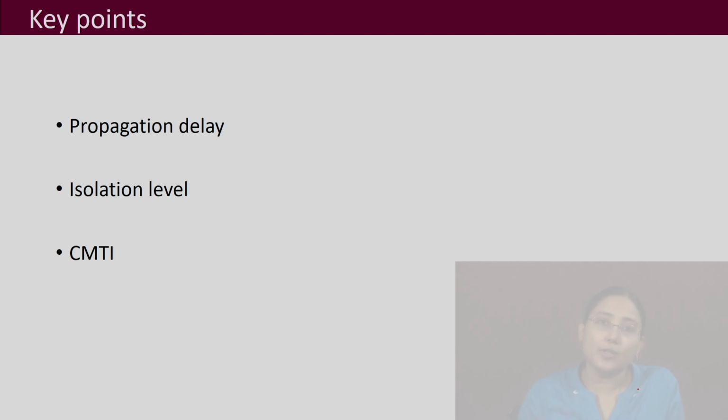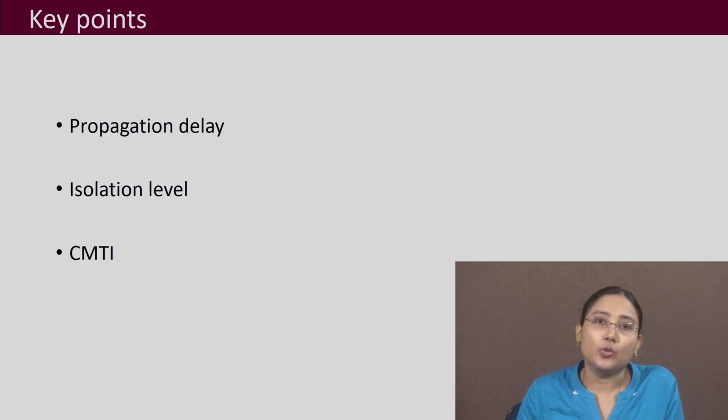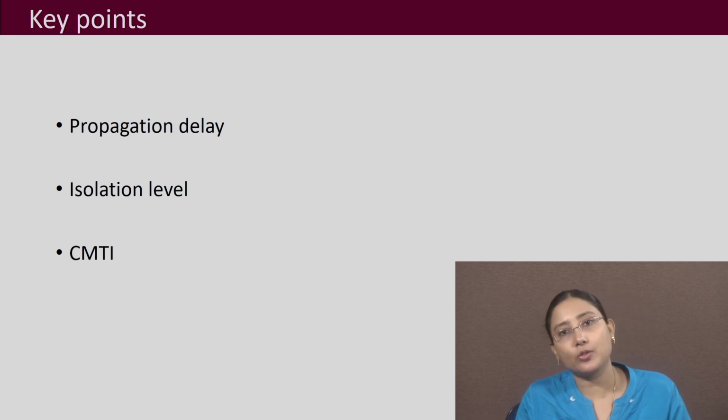So, what are the key points of this lecture? Propagation delay, we discussed, is something important to note down in the gate driver. Then next is your isolation level; if it is optocoupler based, you should be checking the optical isolation levels, and associated with that is your capacitive coupling.